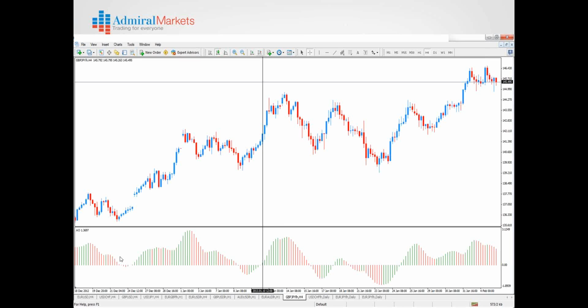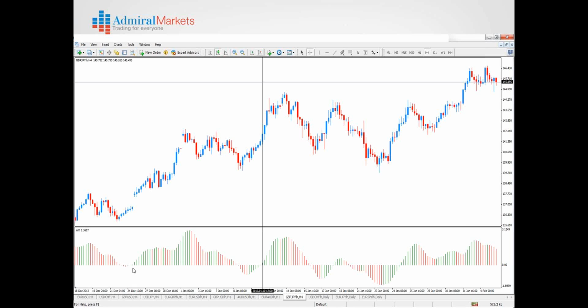Here's an example, just a plain empty chart of the pound yen by coincidence, 4-hour chart. You can see price above and the AO at the bottom, and there's a middle line, which is the 0 line.